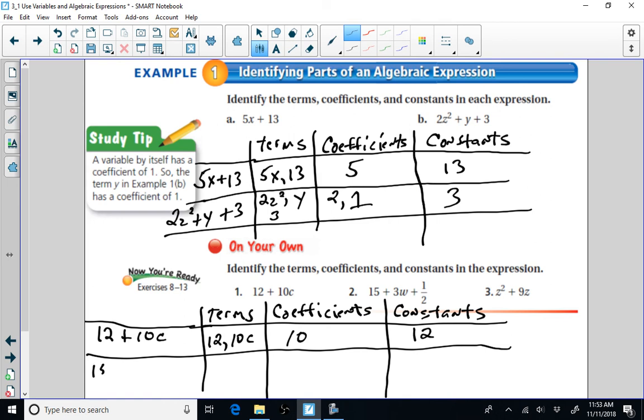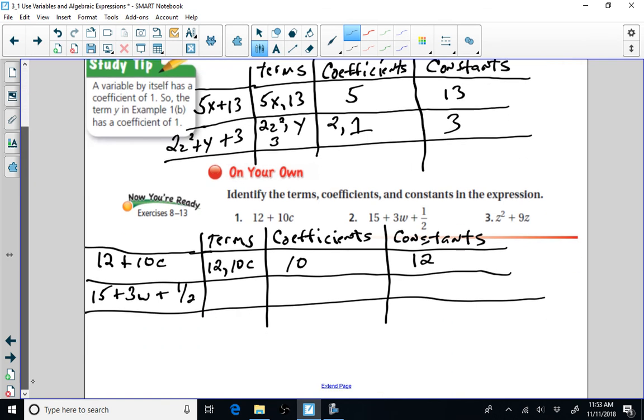We have 15 plus 3w plus 1/2. All right, and let's see. 3 terms. 15 is a term. 3w is a term. 1/2 is a term.